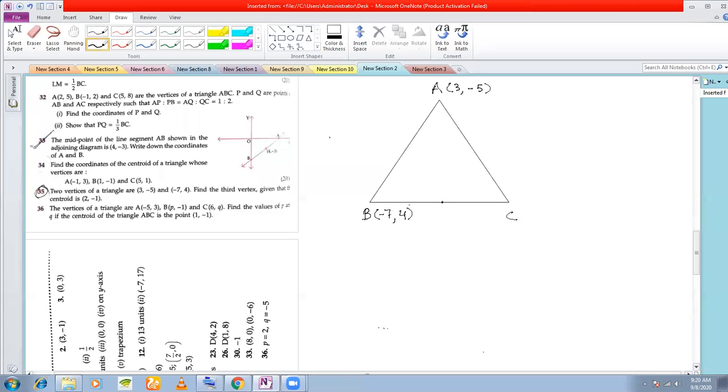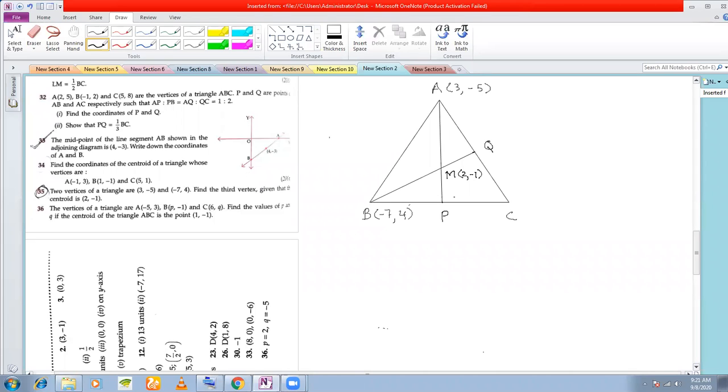So let us see which one is the centroid. We draw the medians. Two medians will be sufficient for the centroid. So let us call this P and let us call this Q, and let us call the centroid M. The coordinates of the centroid are given to be 2, -1.